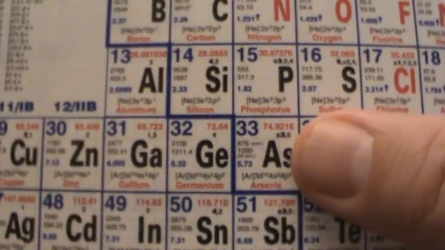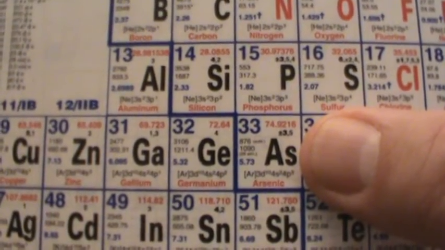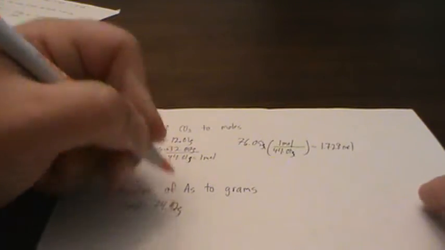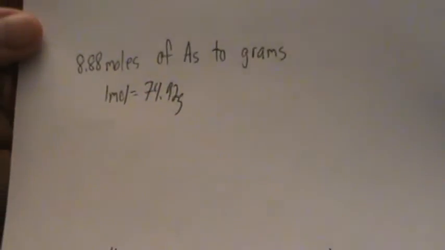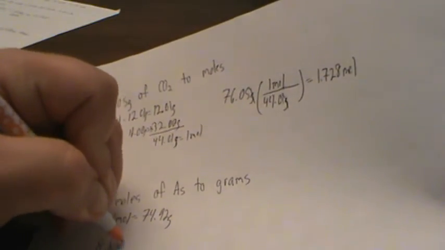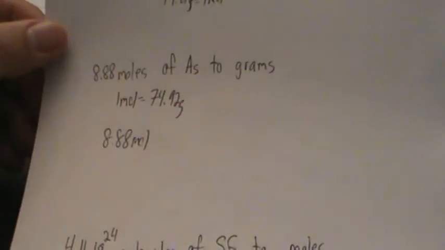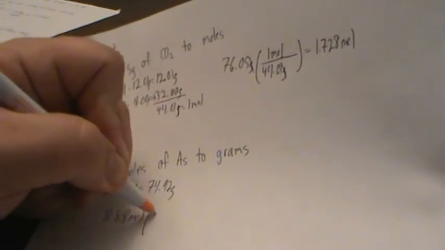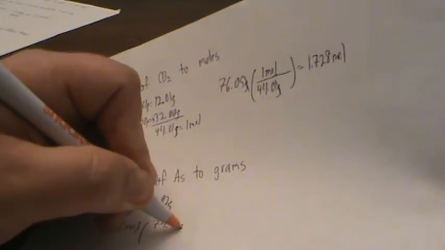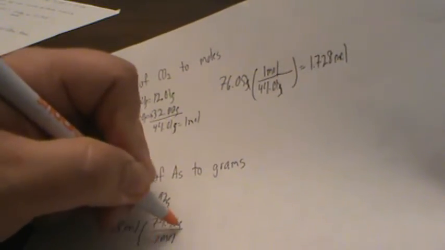There it is right there, and its mass is 74.92. And that's going to be our conversion factor. Okay, start with 8.88 moles. Use our conversion factor since we're going to grams. 74.92 grams over 1 mole.